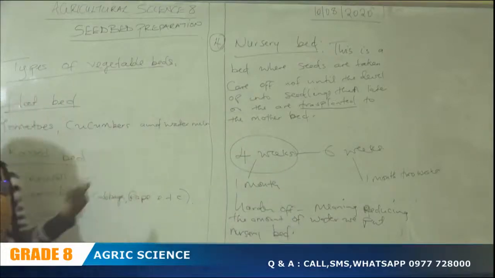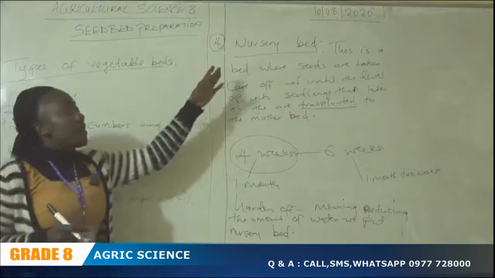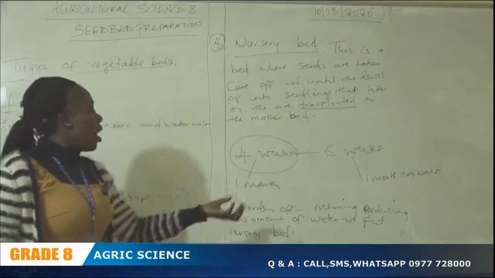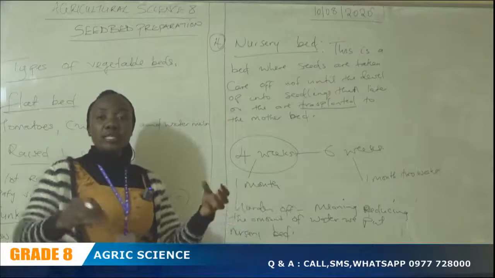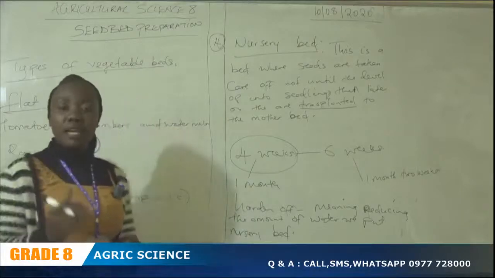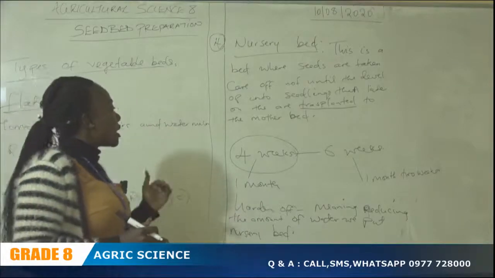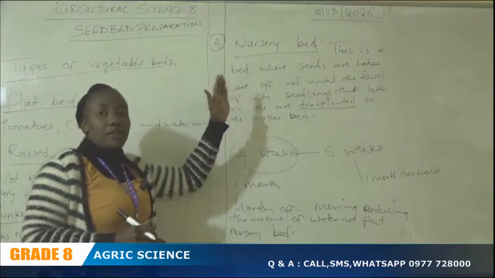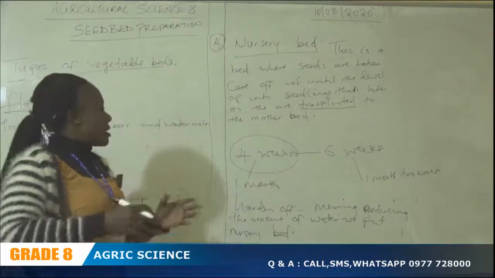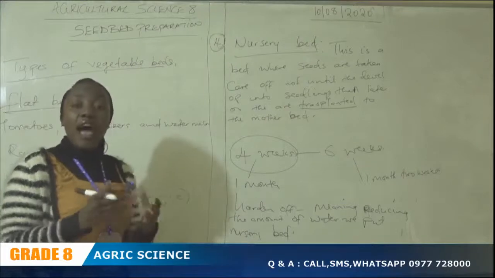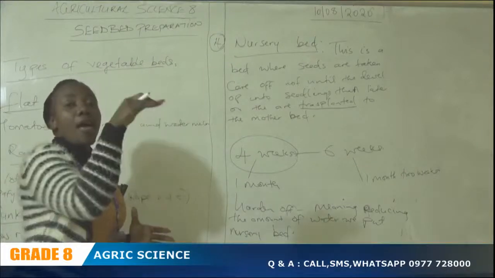Before we transplant our seedlings from the nursery bed to the mother bed, we have to harden off, because the seedlings should get used to the harsh conditions that they'll find in their mother bed.